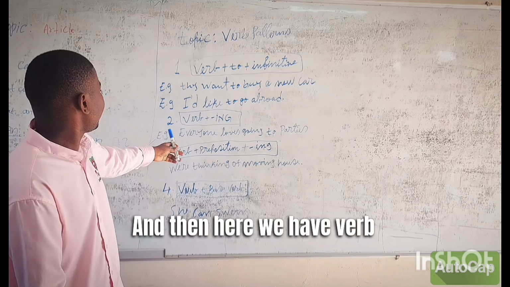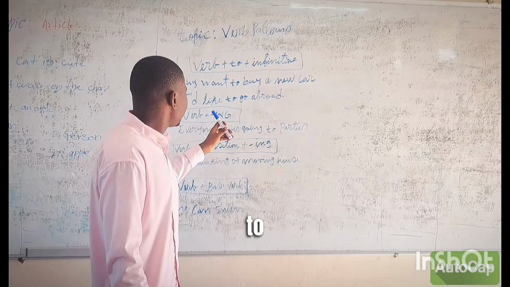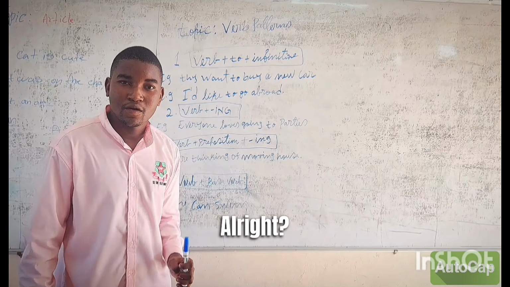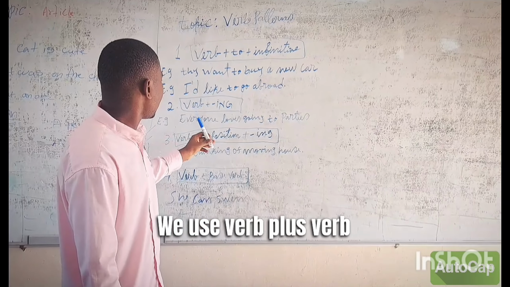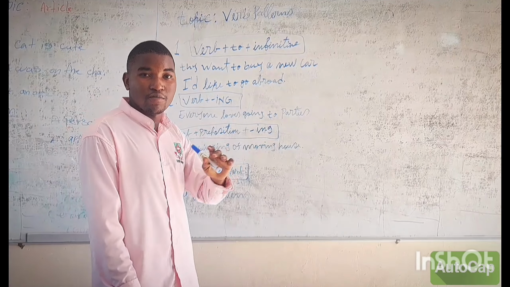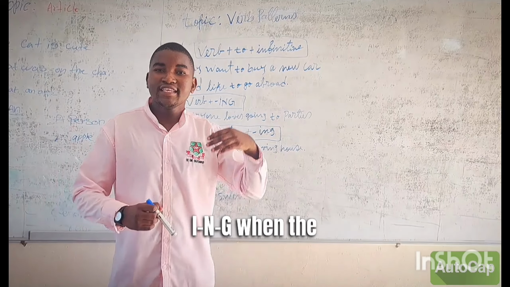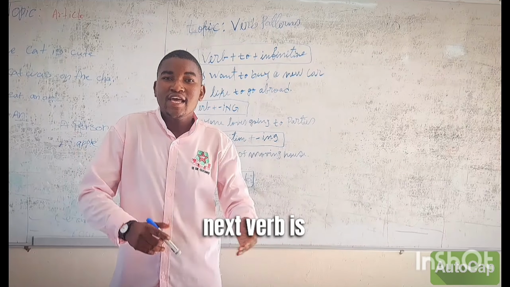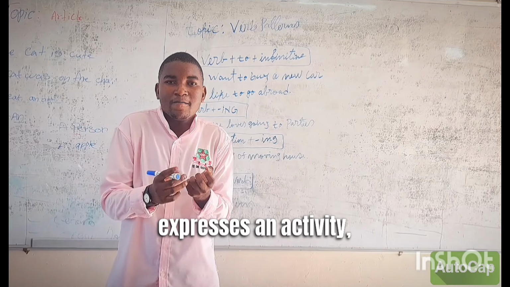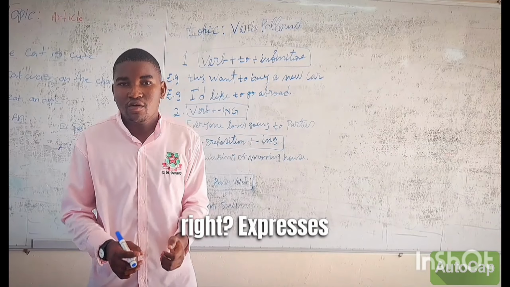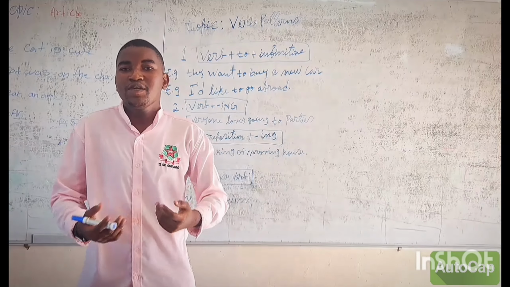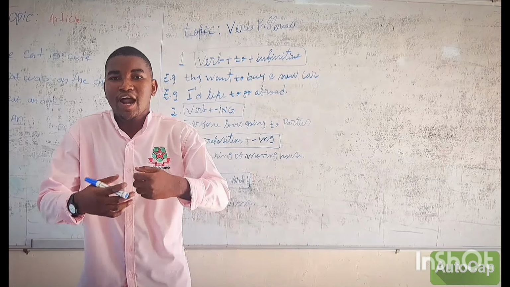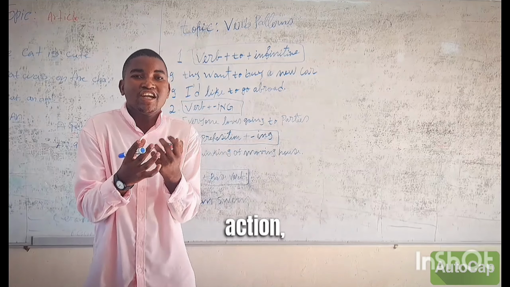And then here we have verb plus verb in ing. We use verb plus verb in ing when the next verb expresses an activity, an experience, an action in progress, a general action.